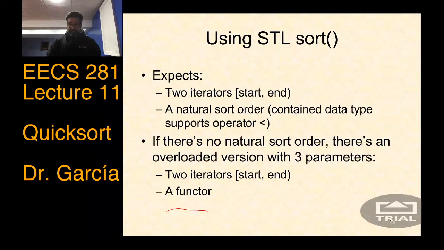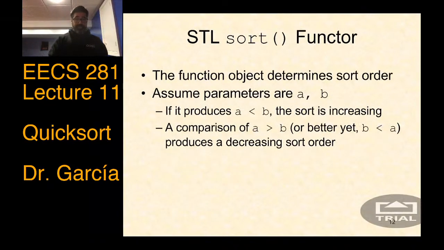Okay. This is to remind you that if you don't give STL sort a functor, it's going to default to trying to use the less than operator. So either you overload that, or C++ will assume that it's overloaded. Otherwise, you'll get a compile error. Okay.